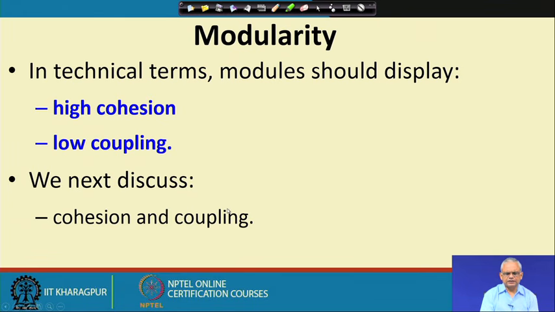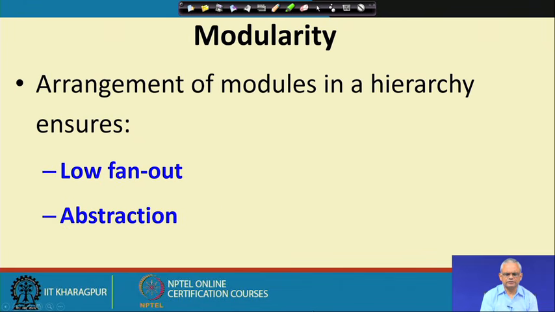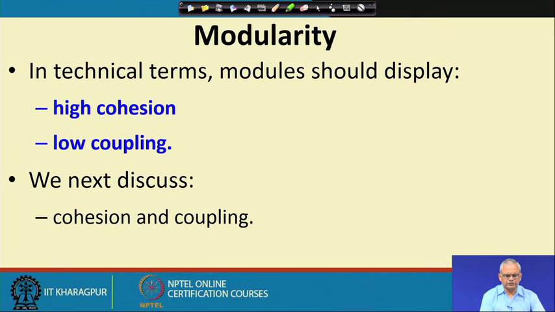A modular design should display high cohesion and low coupling, and if we understand these terms and can measure them, then given a design solution we can check whether it has high cohesion and low coupling compared to another design given to us. So, let us try to understand how to define and measure cohesion and coupling.